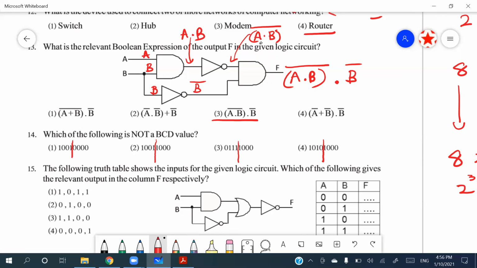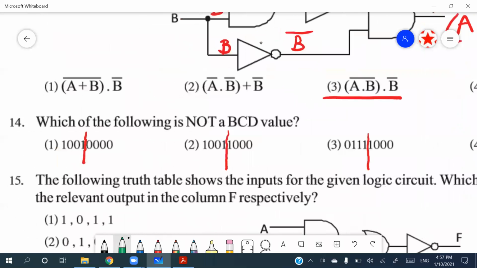So by considering one group as a binary value, just convert it into its decimal, right? For that, you need the place values 1, 2, 4, and 8. Using that, I'm going to write those place values at the top of each number, right?